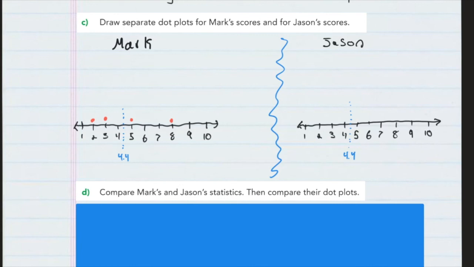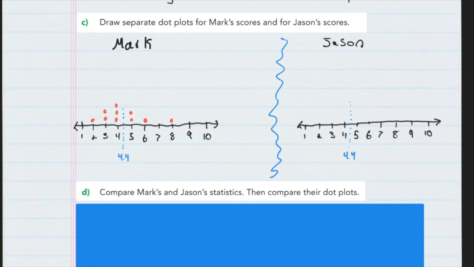So we have 3 again, a 4, another 4, 6, another 5, and another 4. So it goes 1, 2 dots, 3 dots, 2 dots, 1 dot, and then another dot on 8.